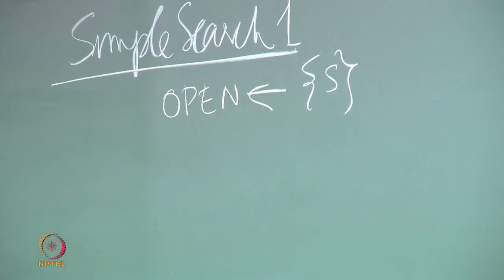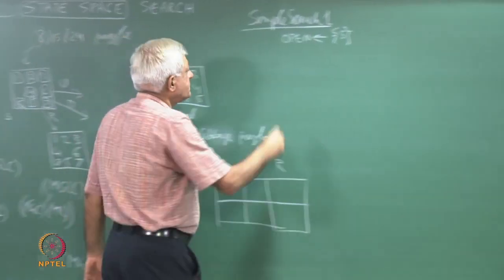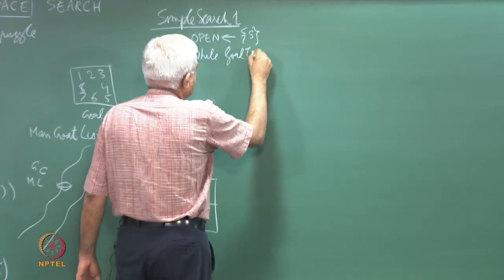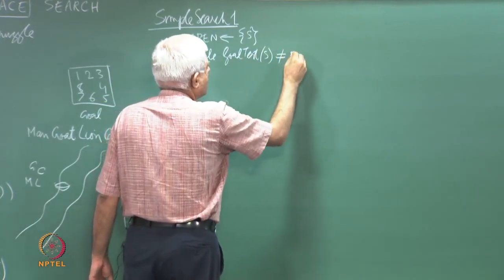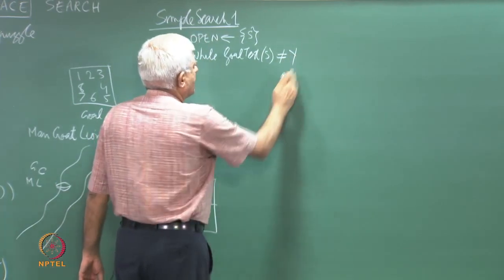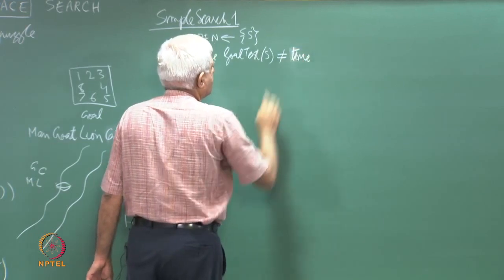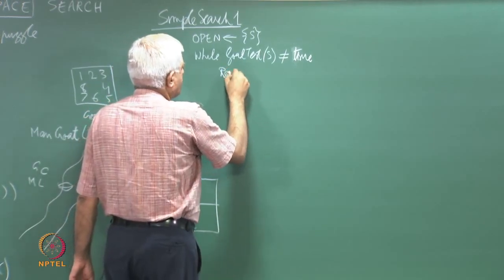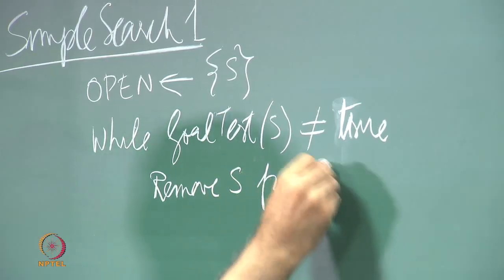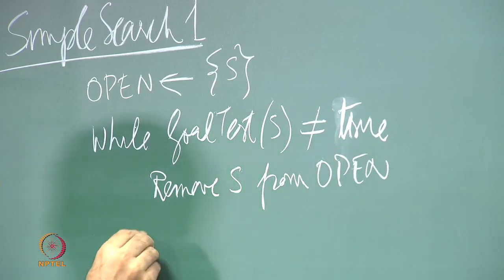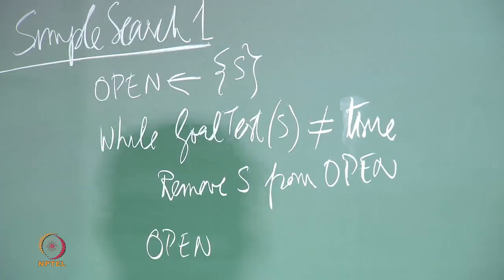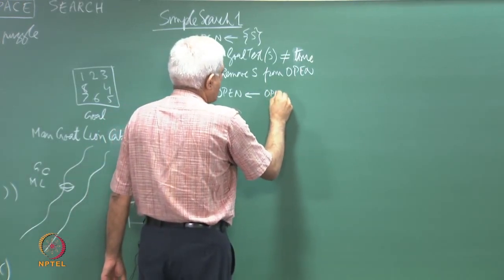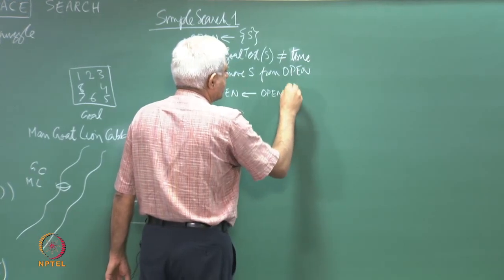So, we put the start state in the open and do the following: while true, remove... I am using the set union operation.